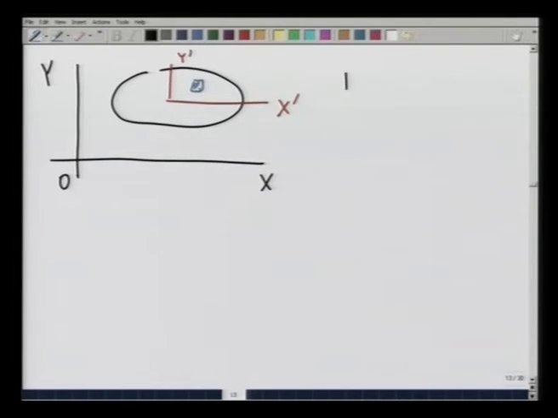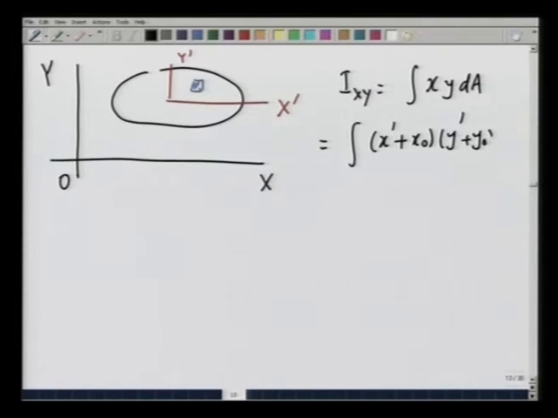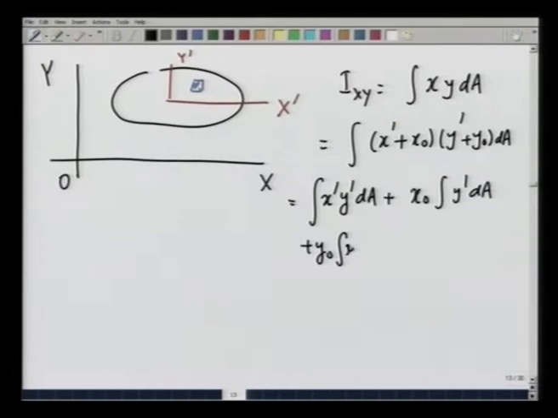The product is I x y, which is equal to integral x y dA, and I substitute for x and y as x prime plus x 0, y prime plus y 0 dA, which comes out to be integral x prime y prime dA plus x 0 integral y prime dA plus y 0 integral x prime dA plus x 0 y 0 dA.